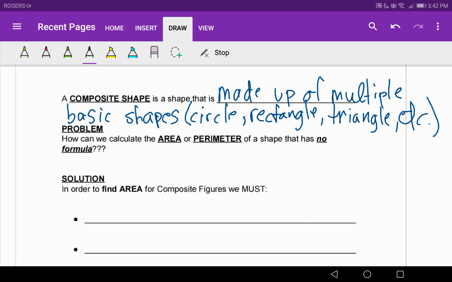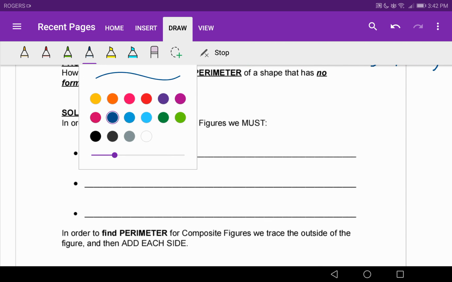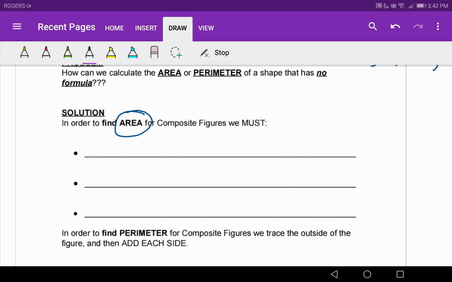Okay? But then how do we find the area of these shapes or the perimeter around these composite shapes? All right, well, I want you to follow 3 steps when you're finding the area. So this is right now for the area. We'll discuss the perimeter below. So for the area, the first thing you want to do in order to find the area of these composite shapes is to split the figure into basic shapes.